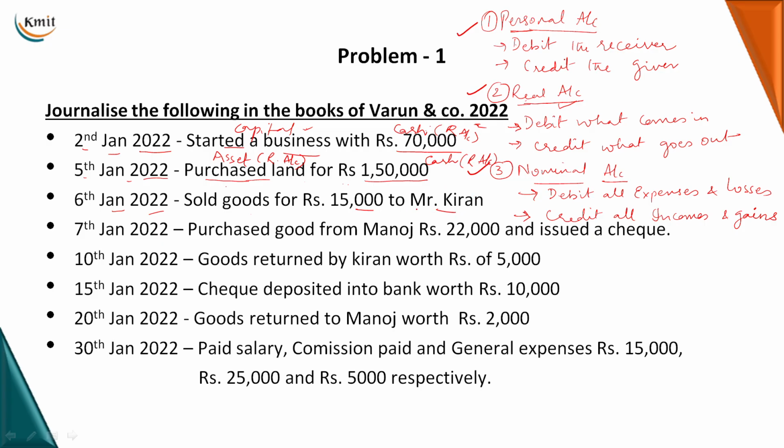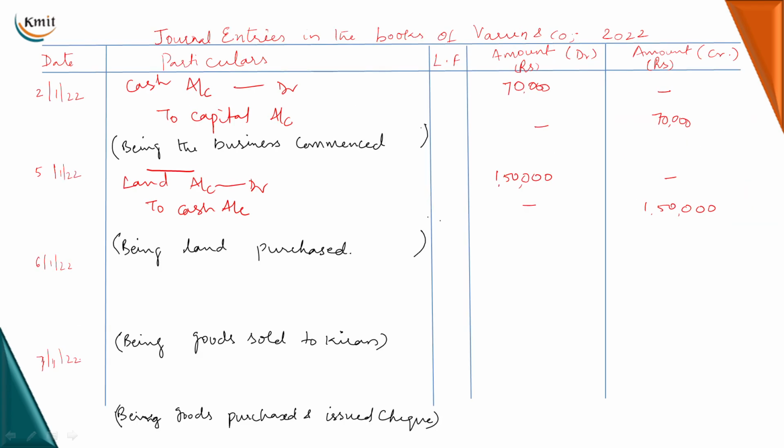When the name of the person to whom the goods are sold is displayed, we assume it as a credit transaction. So when it is a cash transaction, the entry will include cash account. When it is a credit entry, we are going to include the name of the person to whom the sales are being done.